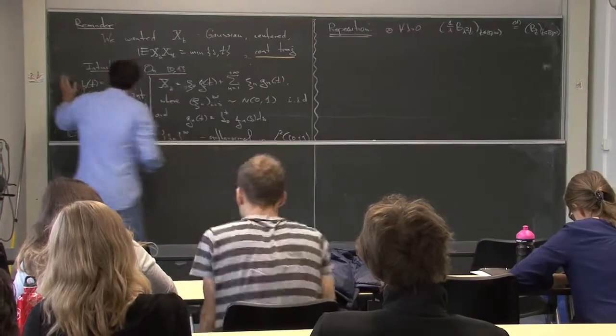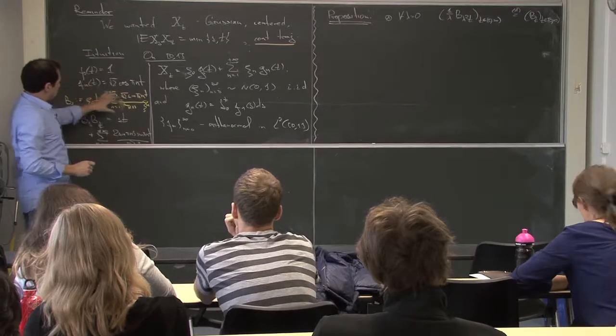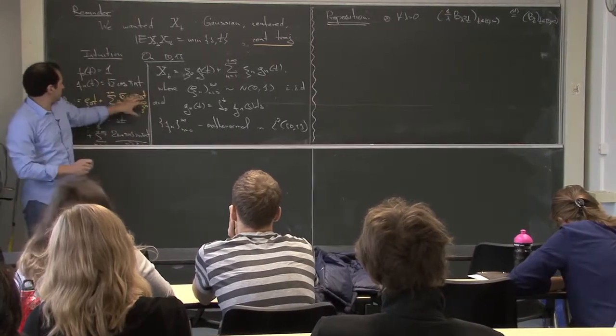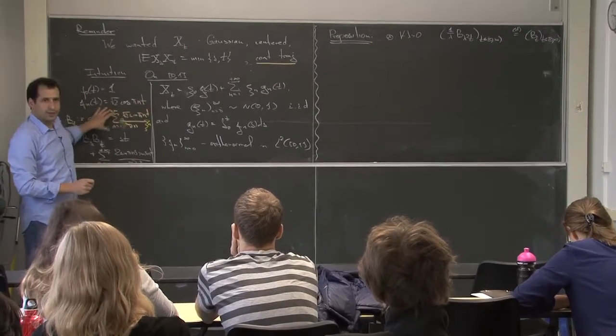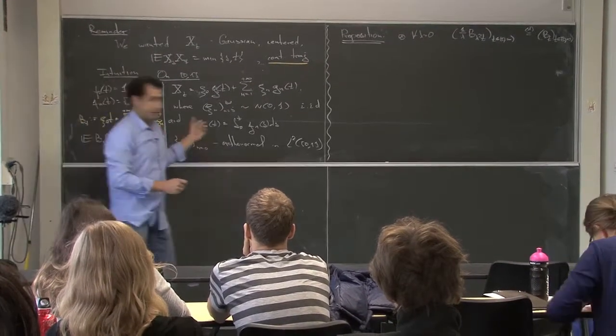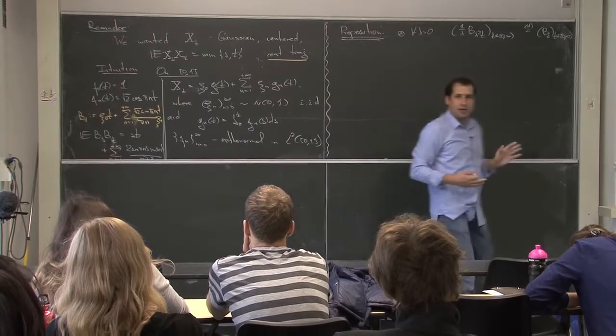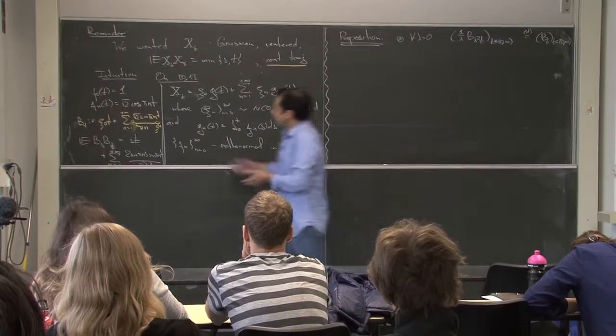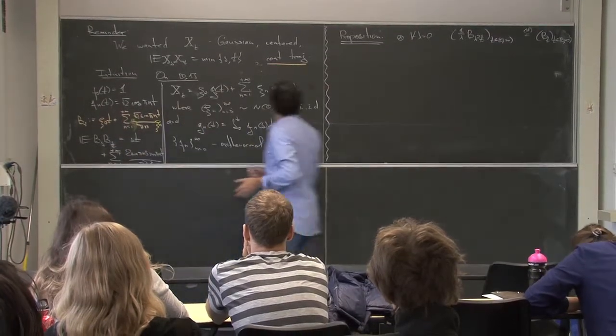Note that it doesn't look like something immediately following from the construction, because the construction is quite specific for the interval 0, 1, right? And when we scale, it's not easy to say what happens with such series.